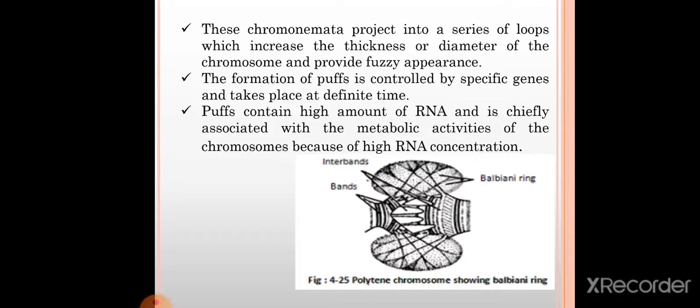The formation of puffs is controlled by specific genes and takes place at a definite time. Puffs contain a high amount of RNA and are chiefly associated with the metabolic activities of the chromosomes because of this high RNA concentration. This diagram shows the oversized puff which results in the formation of Balbiani rings, and you can see the looping out of chromonemata as well.